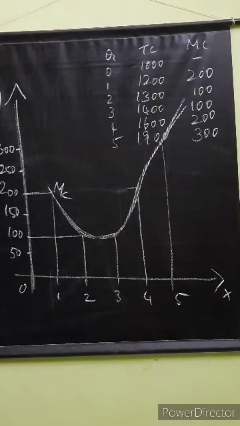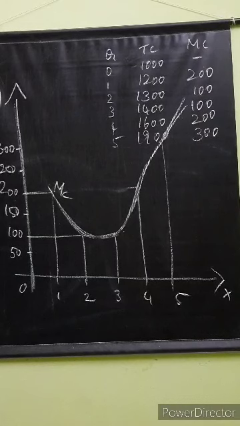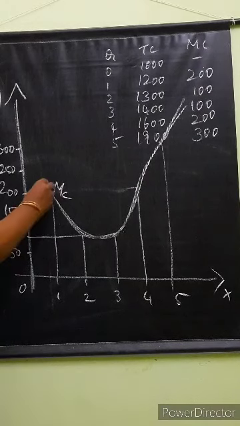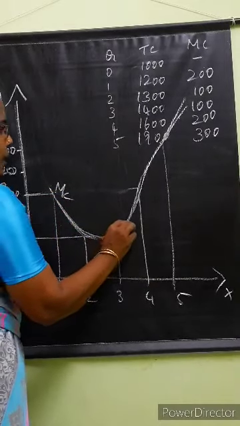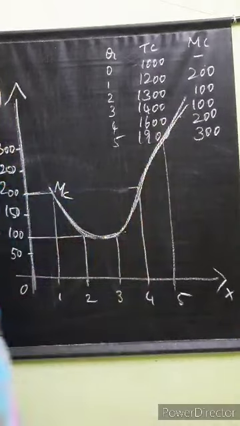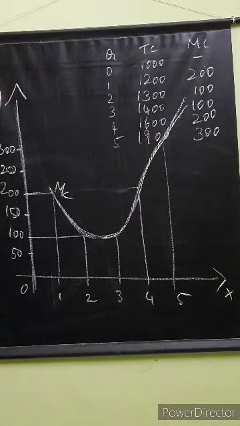At first it falls due to more efficient use of variable factors. Then it increases. First it decreases, then it comes to the lower point, then it starts increasing. Do you understand, girls? And the MC curve is also a U-shaped curve.